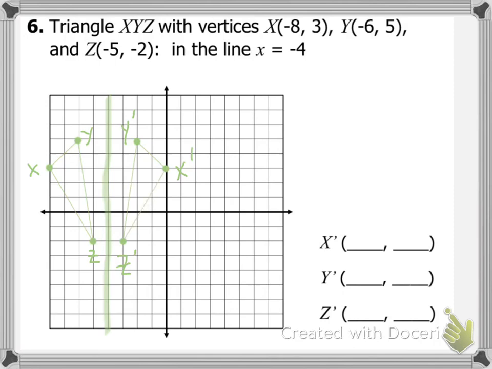So X prime is going to be at (0, 3). Your Y prime is going to be at (-2, 5). And your Z prime is going to be at (-3, -2).